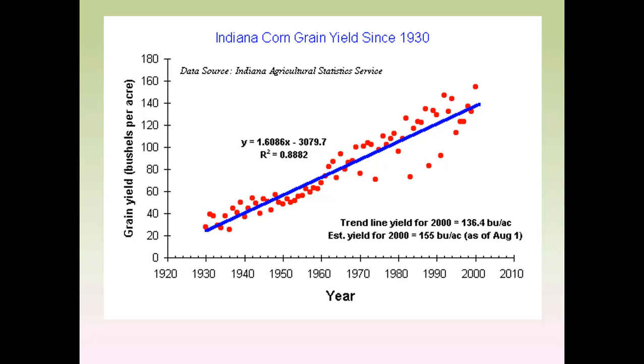So here's a nice example of a graph. Here we've got a very descriptive title telling us what it is, Indiana grain yields since 1930. We've got the yield, and also that is listed in units. Always list units. Here's our year, going from 1920 to 2010 in this case.